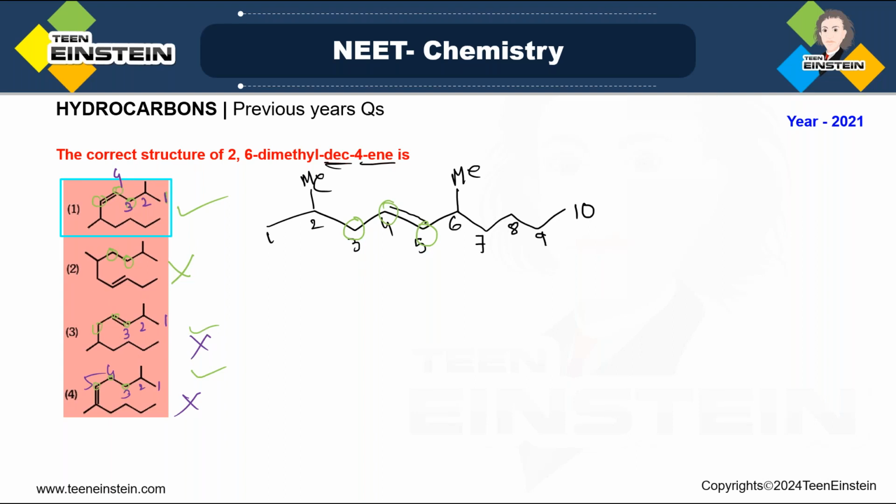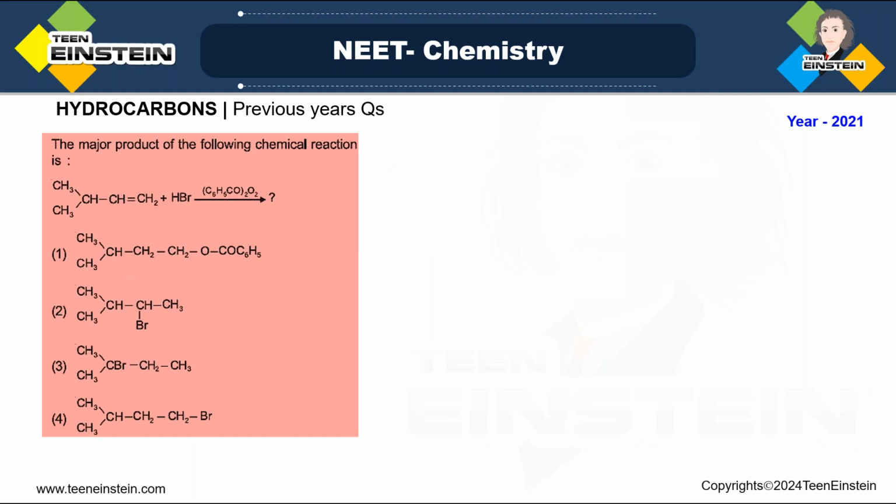Fine. Next question is the major product of the following chemical reaction. Here we have CH with 2 methyl groups. The reagent is HBr, but what is this one?